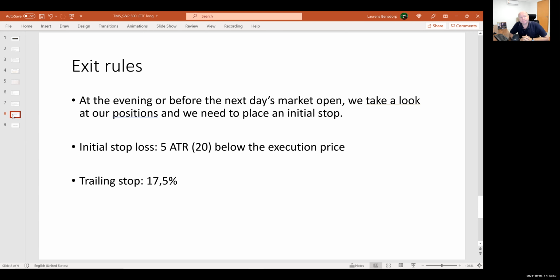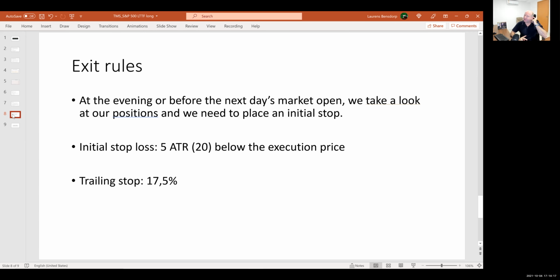Exit rules: at the evening or before the next day's market on open, we take a look at our position and we need to place an initial stop loss for the stocks that have been executed. And what we do is we have an initial stop loss of 5 average true range below the execution price.